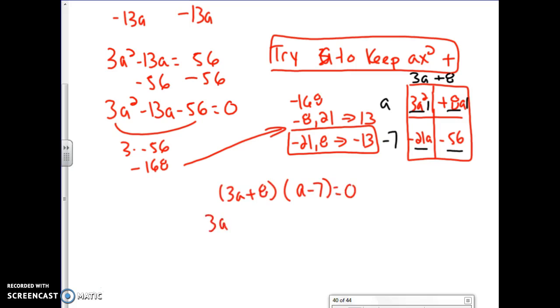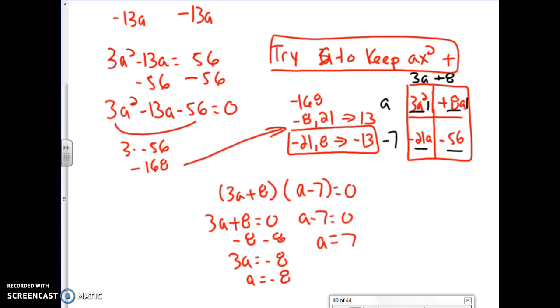So I have 3a plus 8 equals 0 and a minus 7 equals 0. So I get a to be 7 there. Subtract 8, subtract 8. So I got 3a equals negative 8. You get a to equal negative 8 thirds. So you got a to be negative 8 thirds and a to be positive 7.